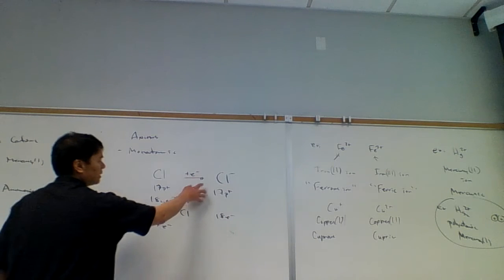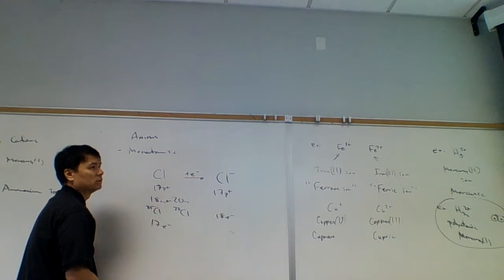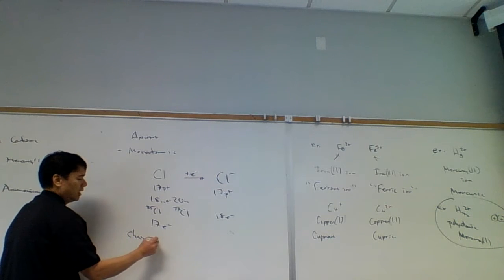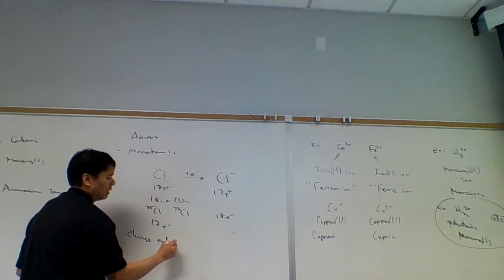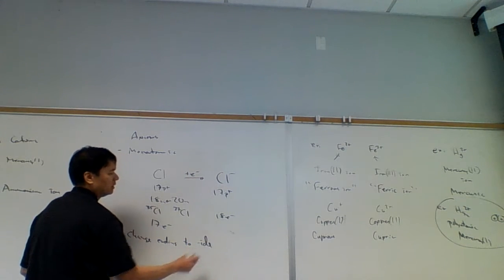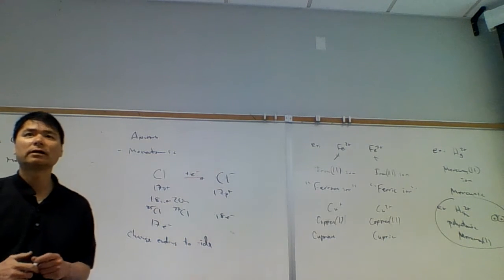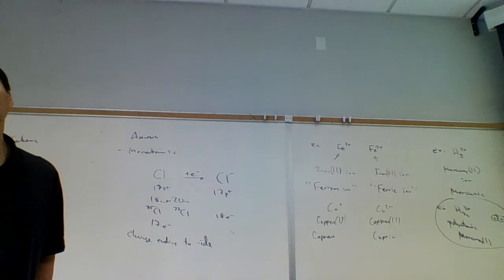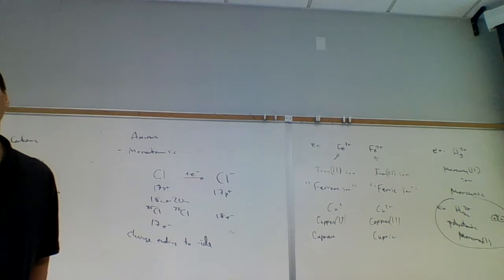Well, anyway, getting back to this, so what do we do? For monatomic, change the ending of the element to -ide. So chlorine would go to chloride. Oxygen would go to oxide, and sulfur would go to sulfide.